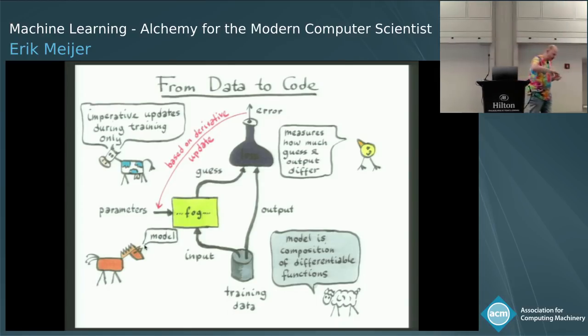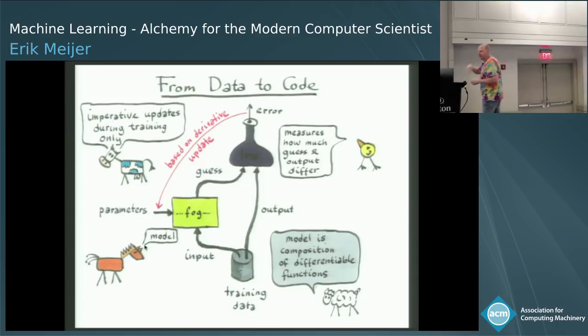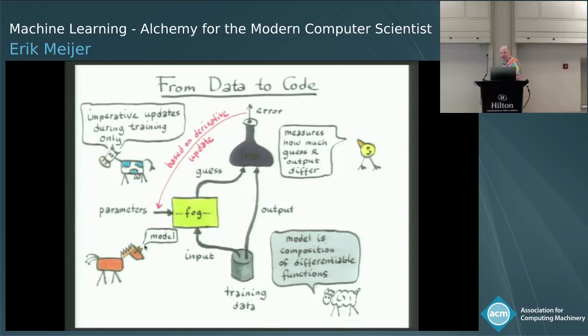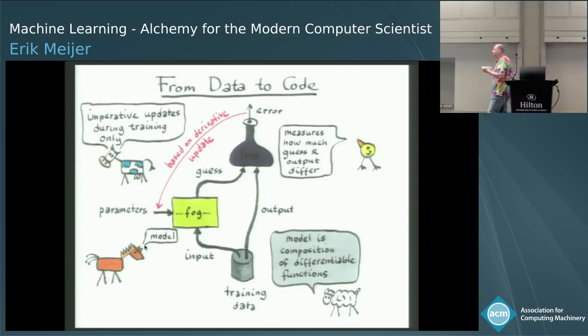And then we pump in one training value, and we get back the error. We use that to update the weights, and just rinse and repeat. Okay? So this model that people talk about is really just a composition of differentiable functions.